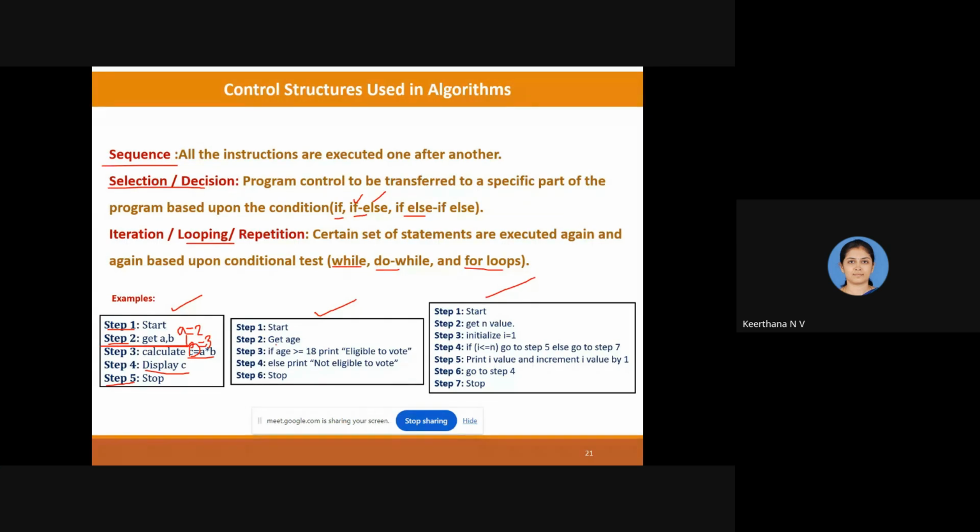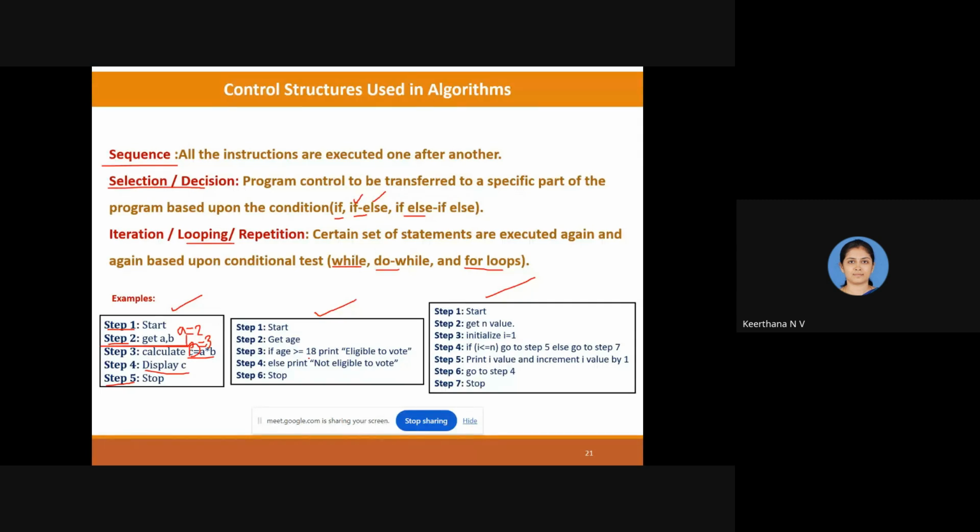Next, you're going to write an algorithm for a this-or-that condition, that is if or if else. This is an algorithm for a program to print whether a person is eligible to vote or not. In our country, if a person's age is above 18, they are eligible to vote.